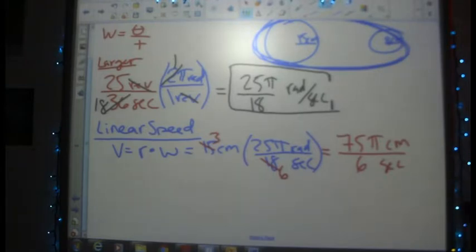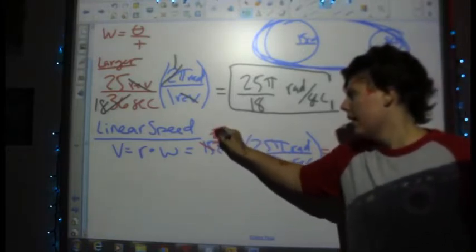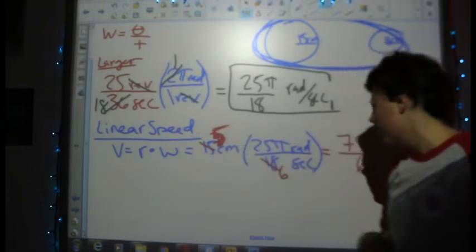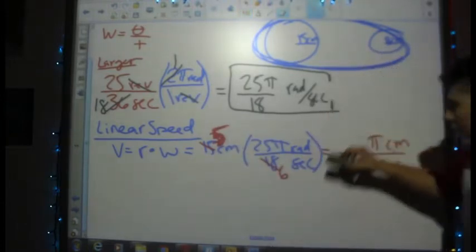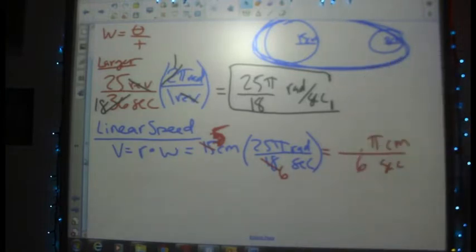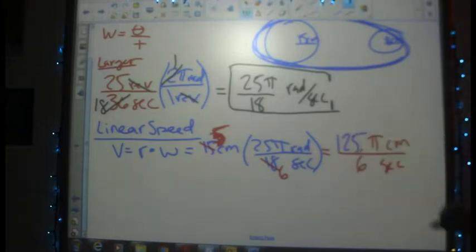Oh, I made a mistake. That's why. Because if we're dividing by 3, this is 5. Look out for those careless mistakes. Everybody makes them. So I don't have 75 up here. Instead, what I really have there is 125 pi over 6 centimeters per second.